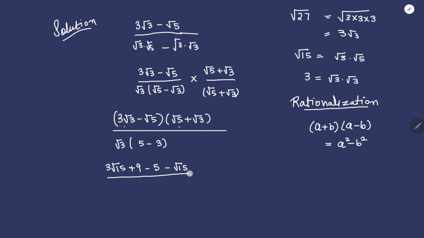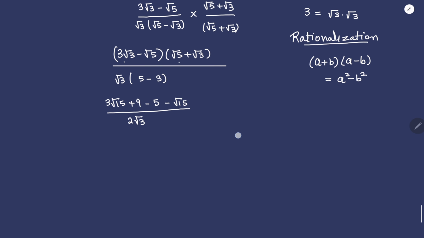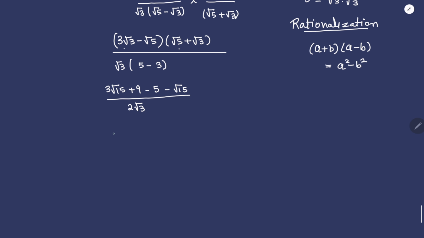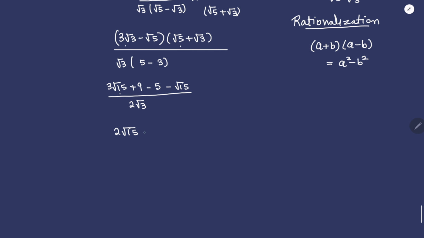Okay, by 2√3, right? So we have 2√15. When we solve this and this, we will get (2√15 + 4) by 2√3, right?